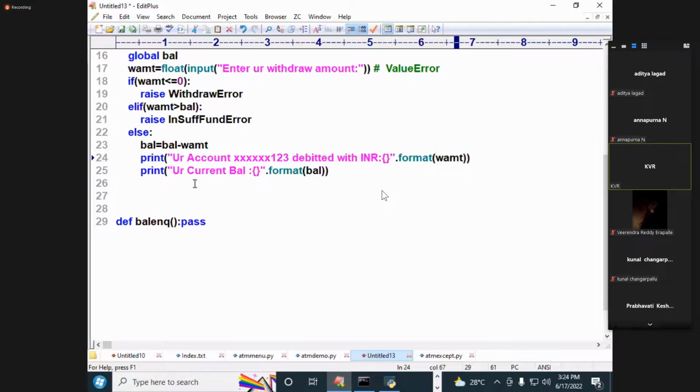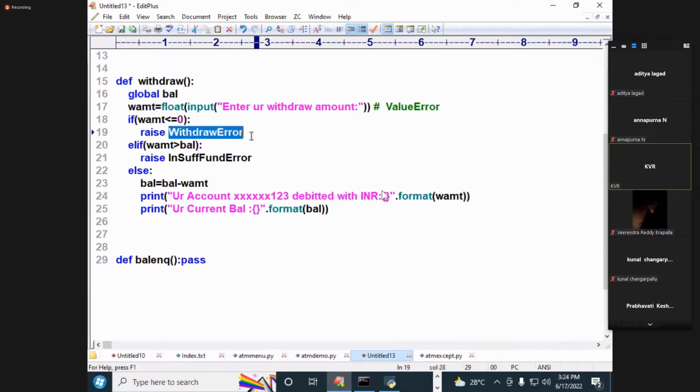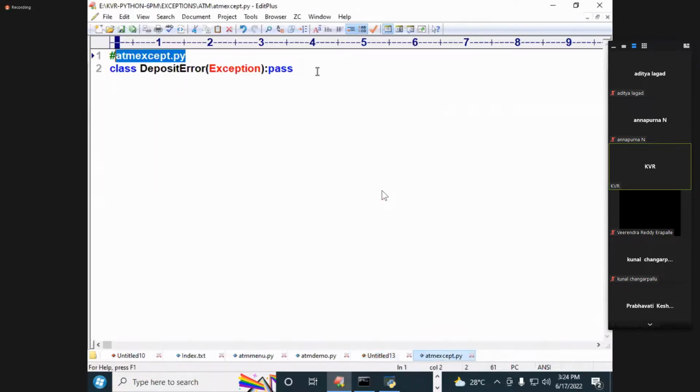Understand? How many exceptions do I have? Two. Go to the exception window. I am writing class, of base exception colon, pass.